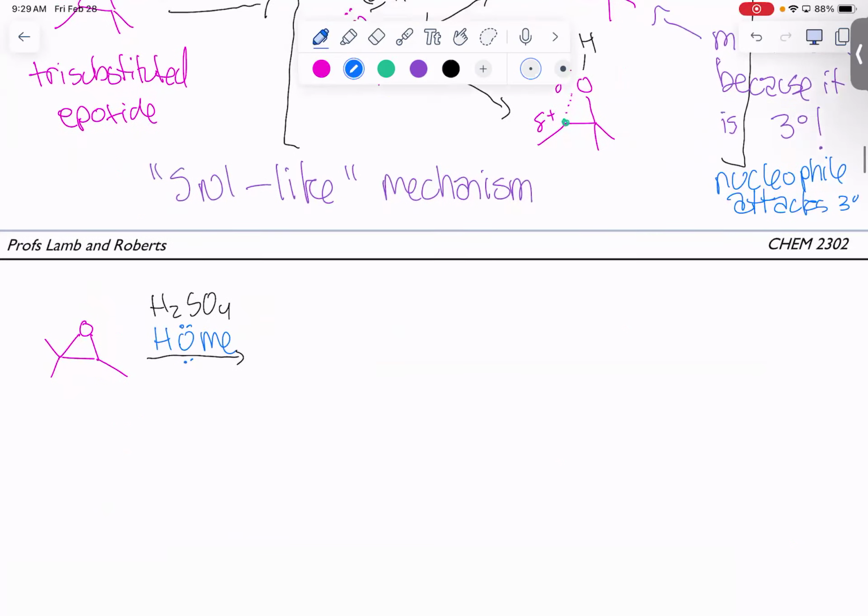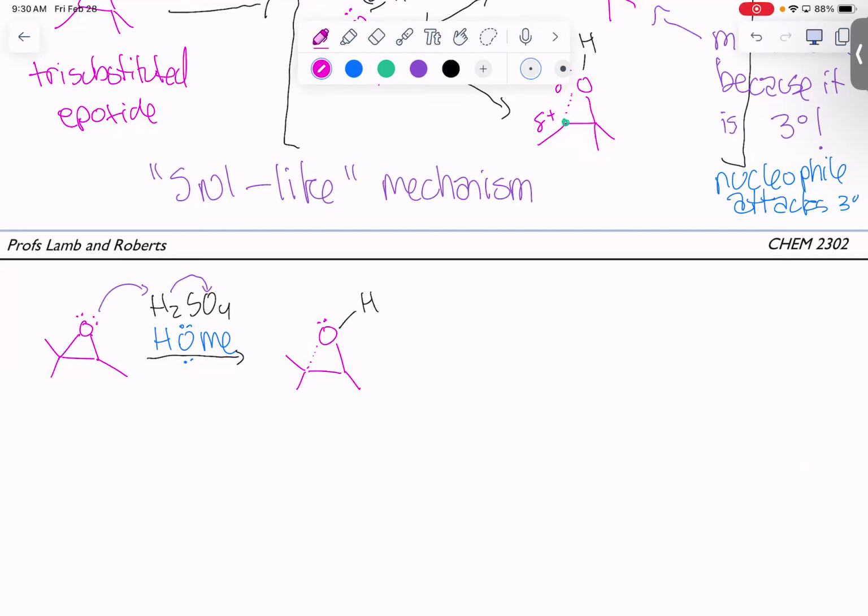So for the intermediate here, we're gonna go ahead and protonate first. So we're gonna protonate, we're gonna break what at the end of the day is an H-O bond, so I'm gonna give the electrons back to the oxygen, and that's gonna give us an intermediate that as we protonate, we start to break that bond that we talked about before on the more substituted side.